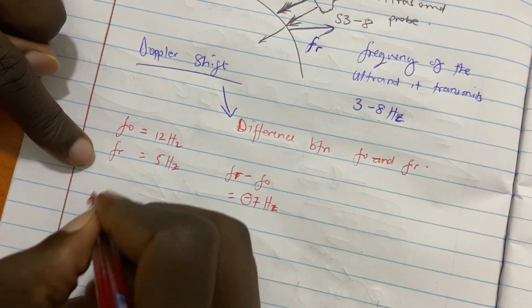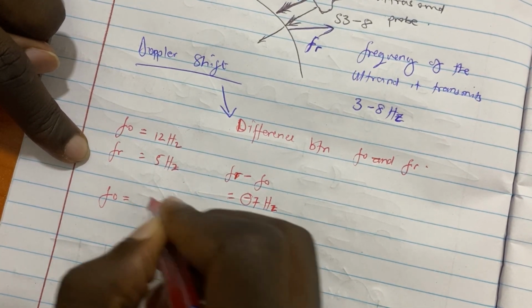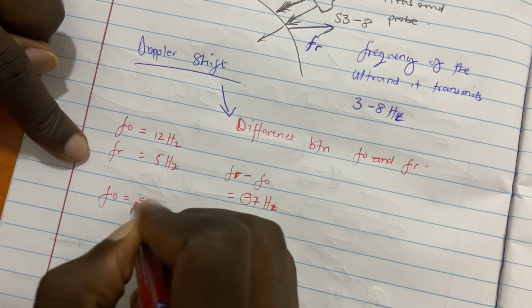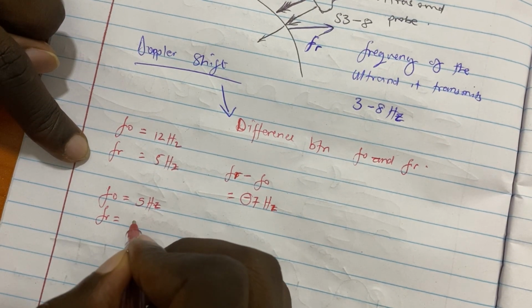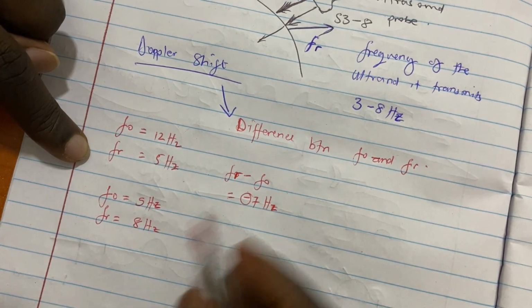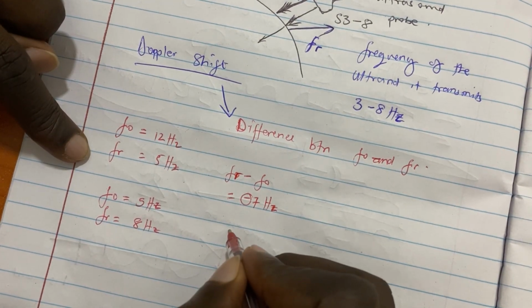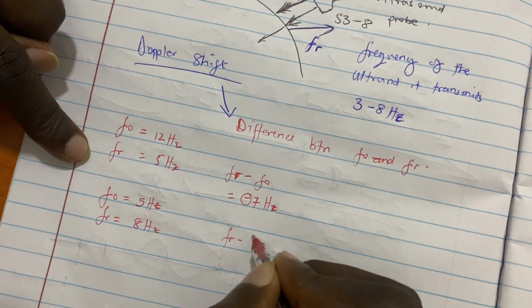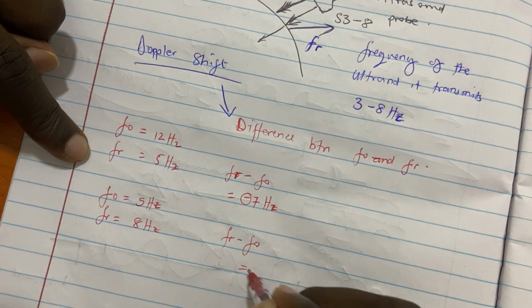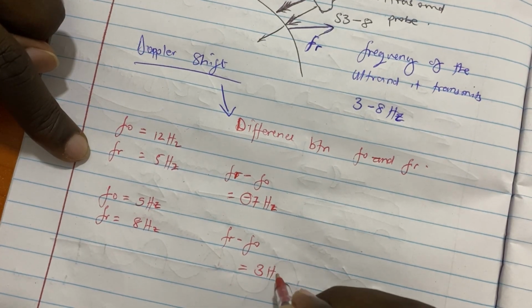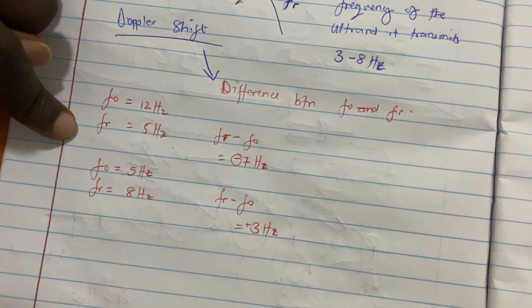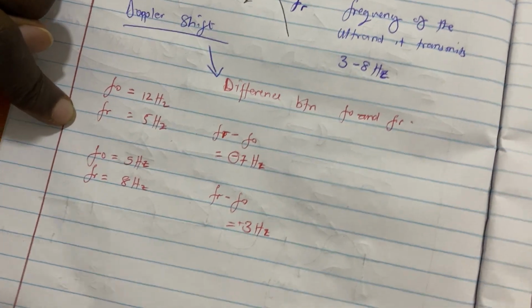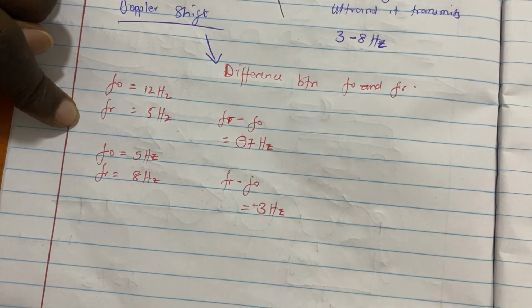Or if F naught is equal to 5 Hz and FR is equal to 8 Hz, then the Doppler shift, FR minus F naught, is 3 Hz positive. So one we are getting negative, another positive.